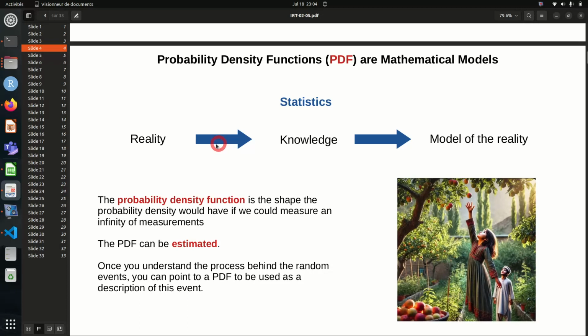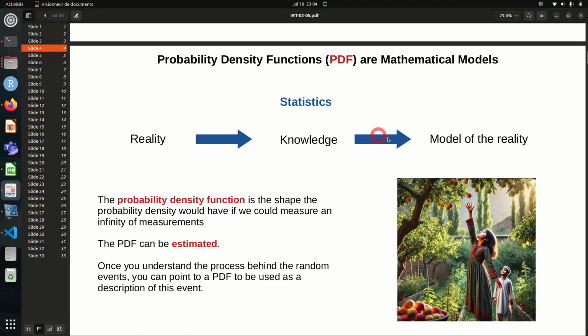Statistics indeed follow the path from reality to model by doing measurements, by looking at the histogram of the probability density as you have done, computing values like the average value.